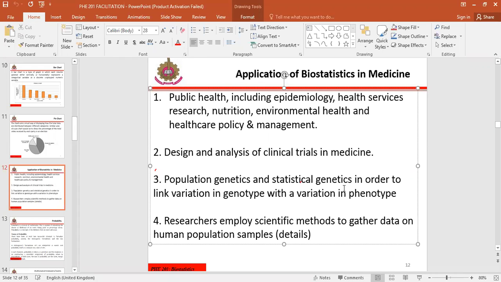Other one is that researchers employ scientific methods to gather data on human population samples, such as the age, the sex.